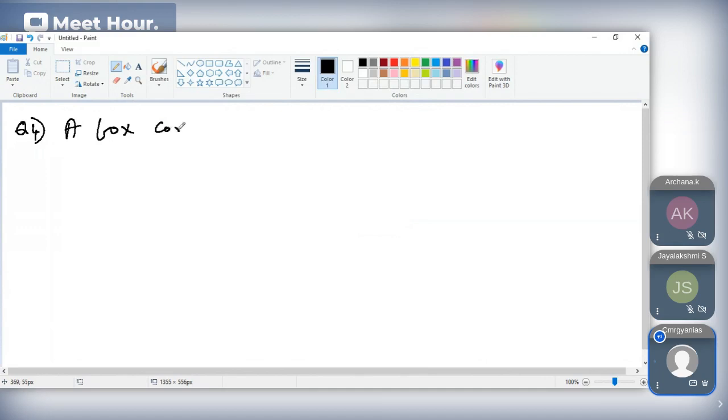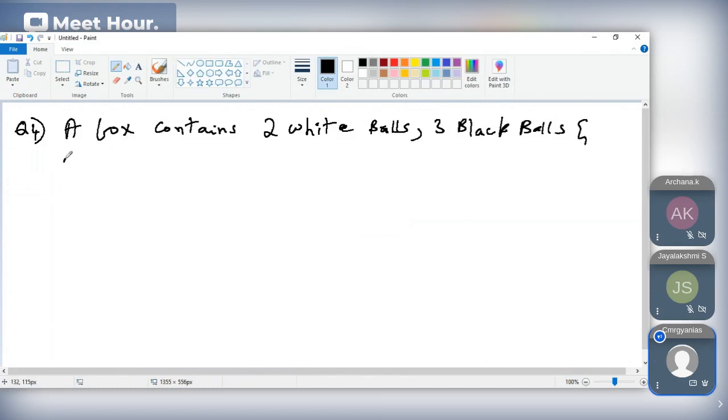A box contains two white balls, three black balls, and four red balls.